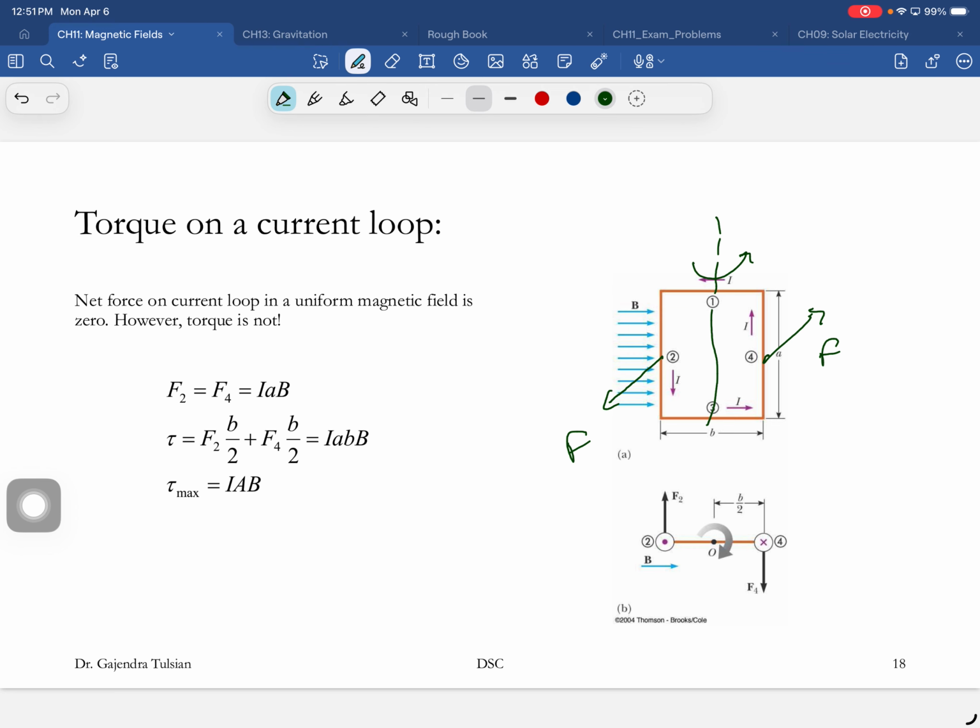What this torque is trying to do is, you use your right hand, stick your fingers out in the direction of the current, and your thumb is being turned toward the magnetic field.